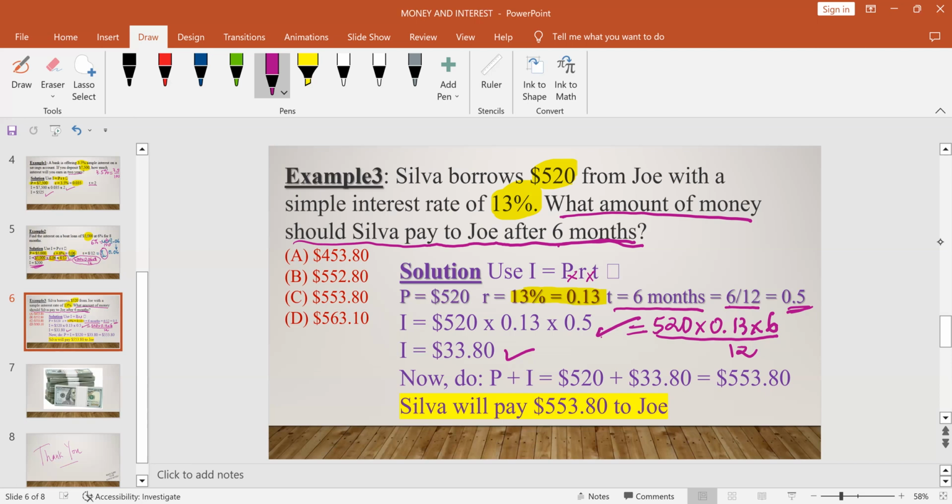So that's why we now do P plus I. So principal plus interest, and we have 520 plus 33.80. In total, we have 553.80. Silver will pay 553.80 to Joe. So because it's a multiple choice question, the best choice here is C.